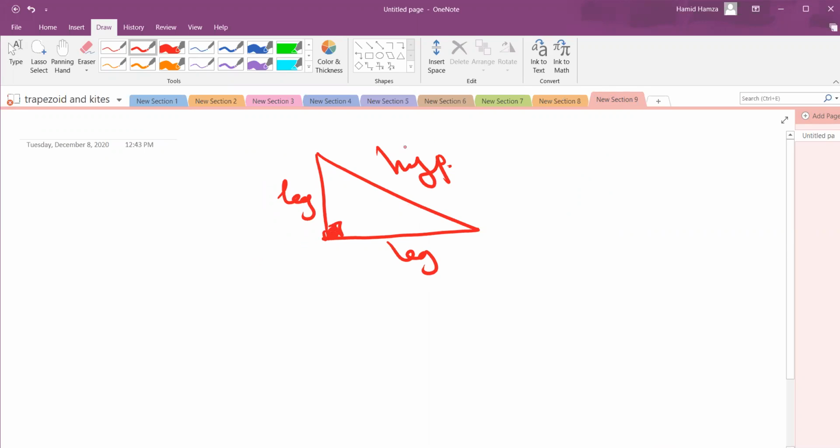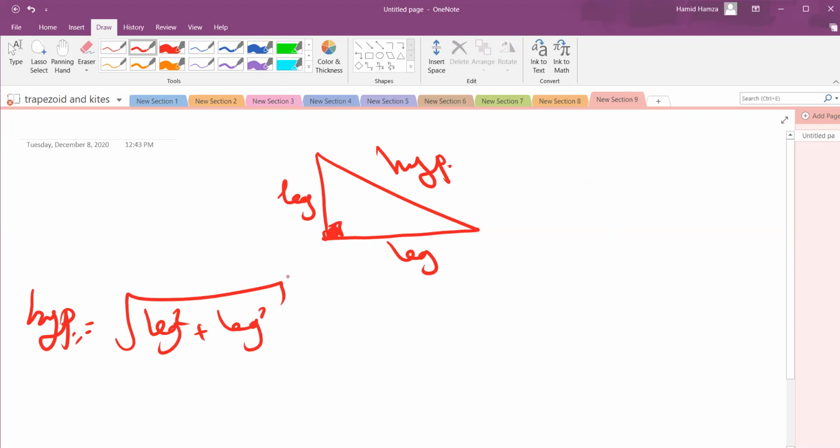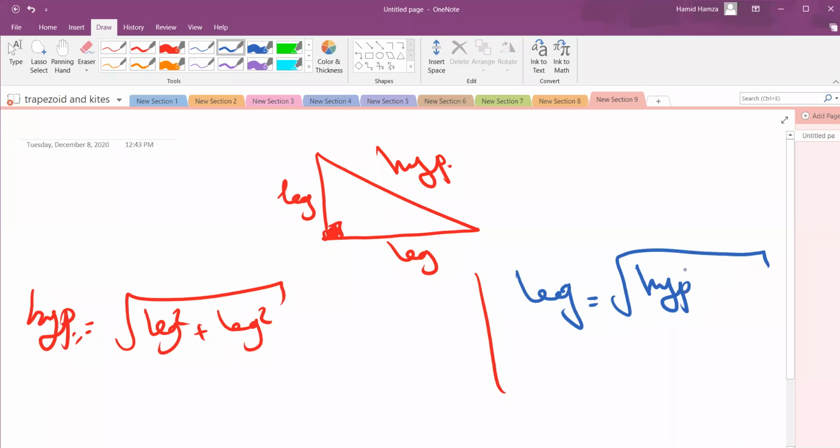If the hypotenuse is missing, the hypotenuse will be equal to the square root of leg squared plus leg squared, the sum of the two legs. If one of the legs is missing and you are asked to find it, the leg will be equal to the square root of hypotenuse squared minus the second leg squared, like this.